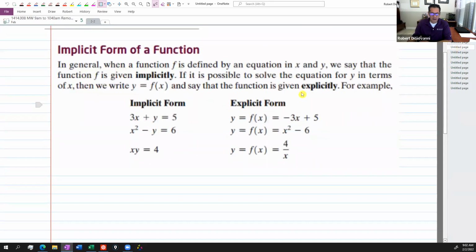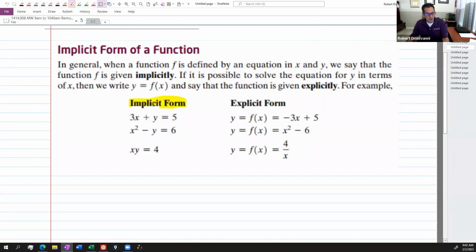One quick definition before we proceed. Whenever you're given some relationship between two variables, x and y, in some equation, there are two ways that we can represent that relationship. One is called the implicit form.